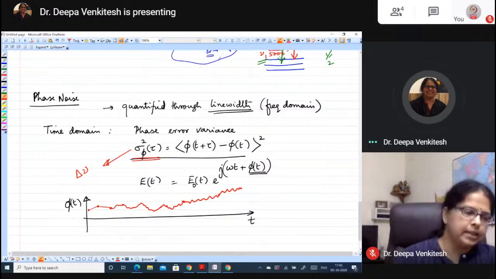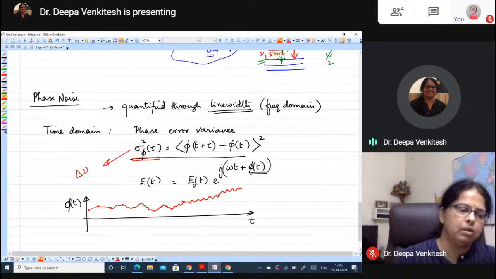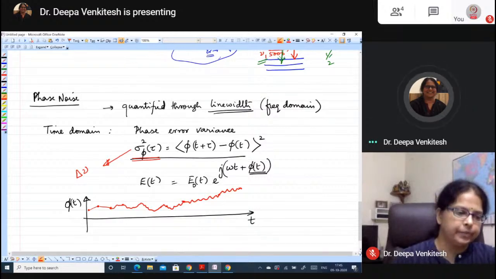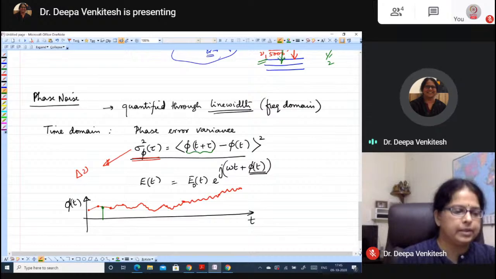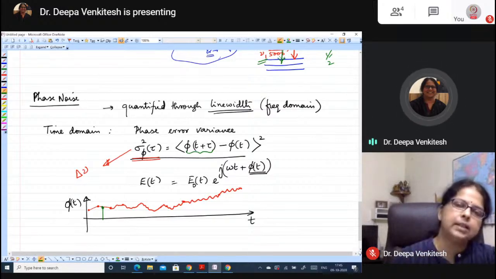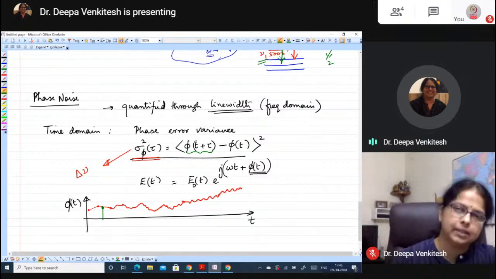Let's see how we calculate sigma phi squared of tau. You take phi of t at any time and calculate phi of t plus tau, so you give a delay and find out the phase after a certain time.